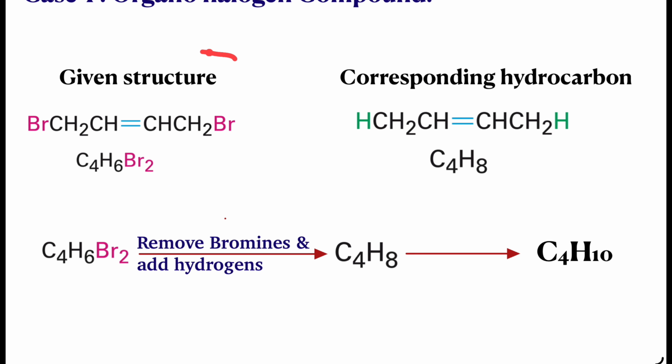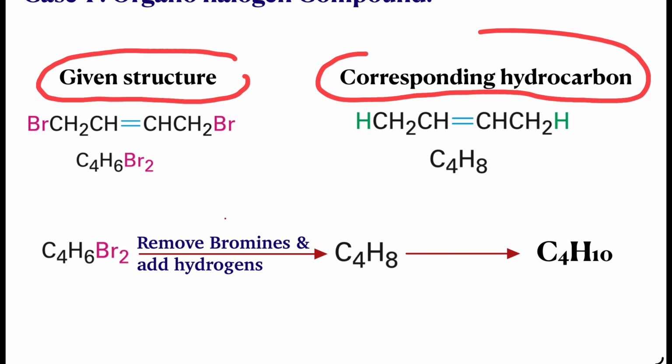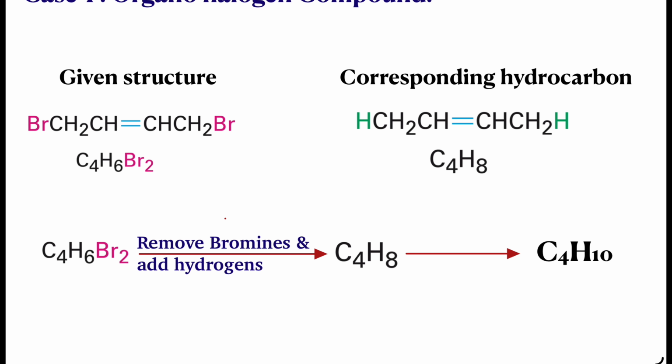In order to convert this given structure into the corresponding hydrocarbon, I am not saying saturated hydrocarbon, without disturbing existing carbons and hydrogens, simply what you need to do is remove this bromine and add hydrogen.